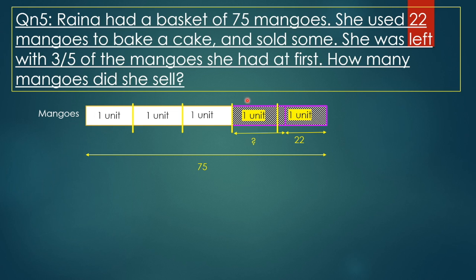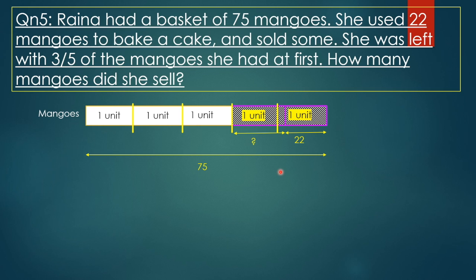So if we split this entire rectangle into 5 units, 1, 2, 3, 4, 5, then we have 3 units left because 3 units out of 5 units equals to 3/5. So she has 3 units left and she used 2 units here. So the mangoes sold plus 22 equals to 2 units.